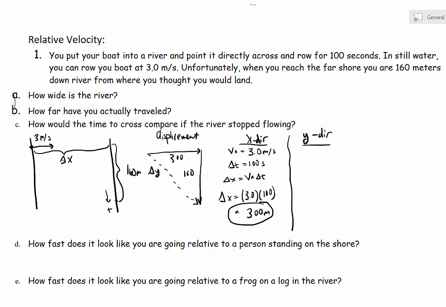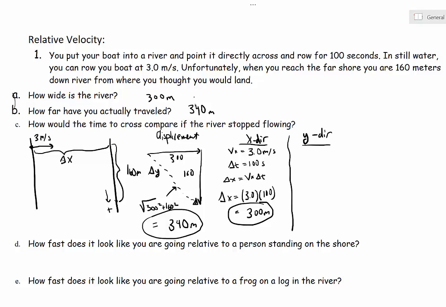When I do tip to tail, I can use my Pythagorean theorem to find that displacement. I'm going to take the square root of 300 squared plus 160 squared, and I find that the total displacement was 340 meters. It's the overall displacement here. So that was 340 meters. River was 300 wide.